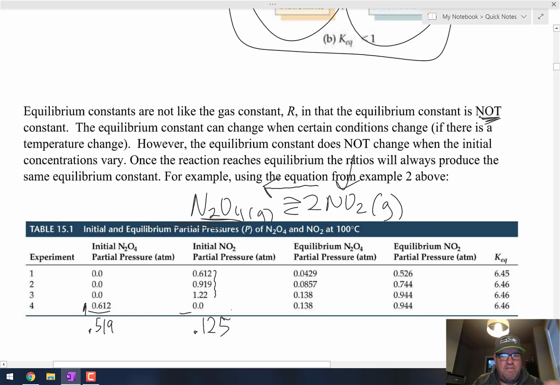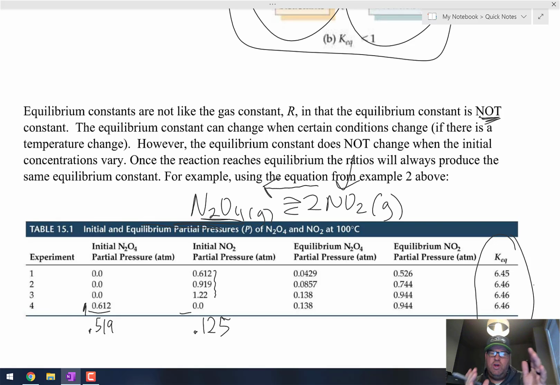What you're going to find is that the ratio of products to reactants, once you reach equilibrium, is always going to be the same. That's going to be either 6.45 or 6.46. So your starting pressures or your starting concentrations don't matter.